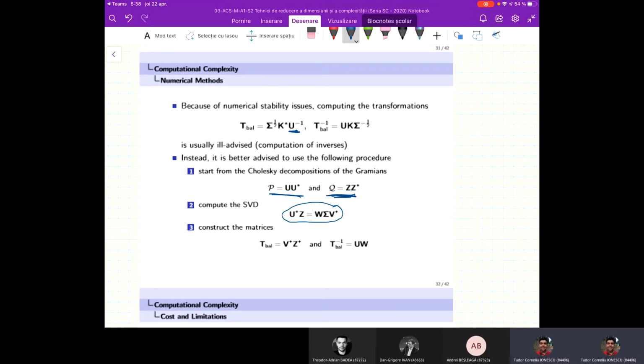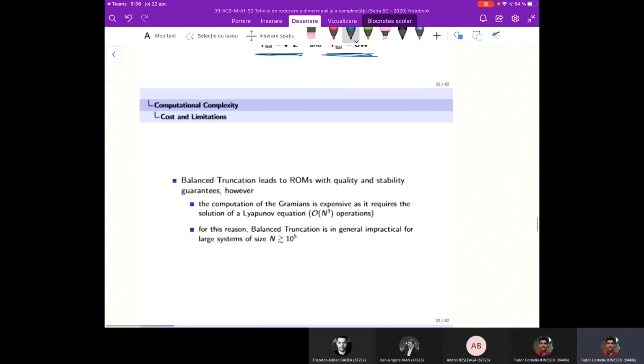And then you construct T-balanced and T-balanced inverse, where there is no inversion involved. So this is more efficient, okay? But still it's not enough. This is still not enough, and I'll explain in a minute why.